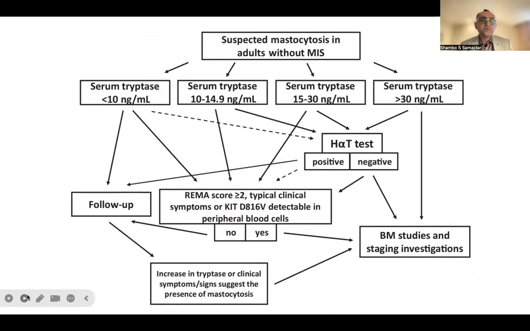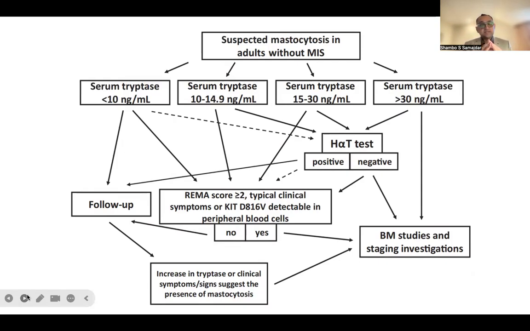So when we have suspected mastocytosis in adults, we need to check the tryptase value. If the tryptase value is less than 10, then we can have a follow-up. But if there is an increase in tryptase, or clinical symptoms or signs that suggest the presence of mastocytosis, then we need to consider bone marrow studies and staging if required.